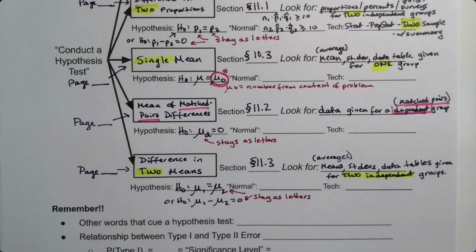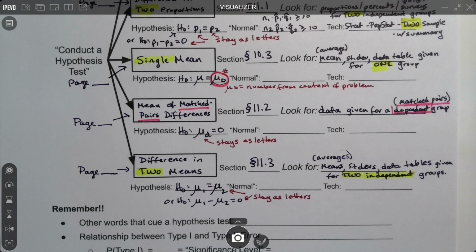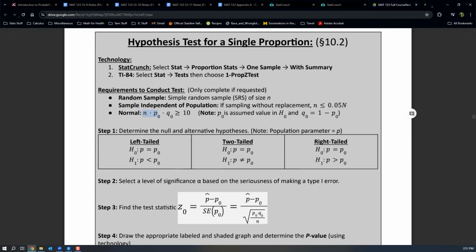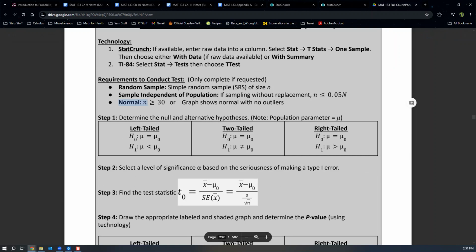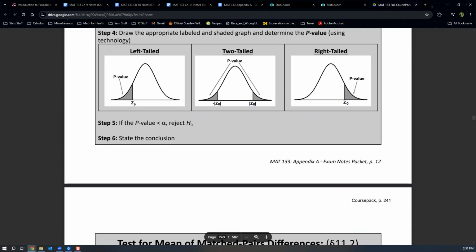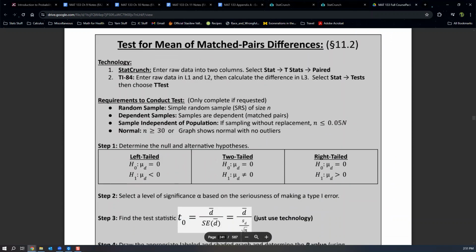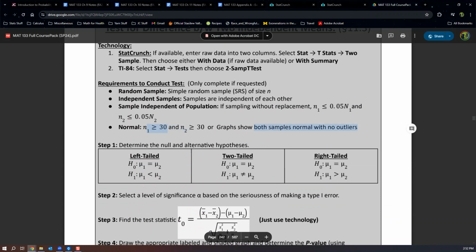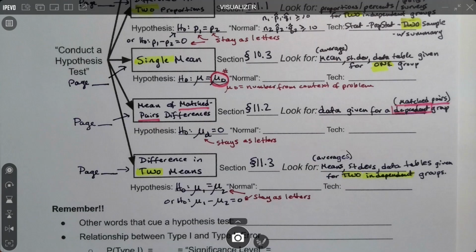All right, now let's think about the normal piece for them. So normal is not the same way for means as it is for proportions. For proportions, you have to do n times p times q is greater than 10. But for means, you need either n to be bigger than 30, or there needs to be a normal probability graph that you can kind of gauge normality from the linearness of the points on the graph. And it's the same for both 11.1 and 11.2. 11.3 is a little weird because you have to do it twice. So that's that.